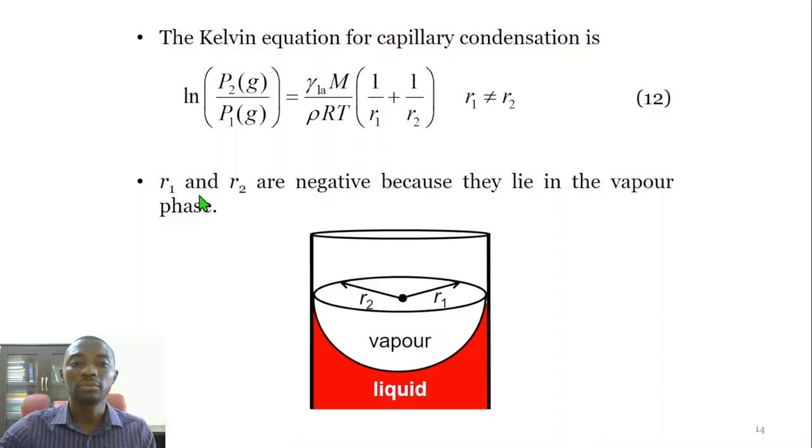R1 and R2 are negative because they lie in the vapor phase. So if there is a numerical question that requires this sort of equation to solve, then the negative signs for the radii of curvature must be introduced.